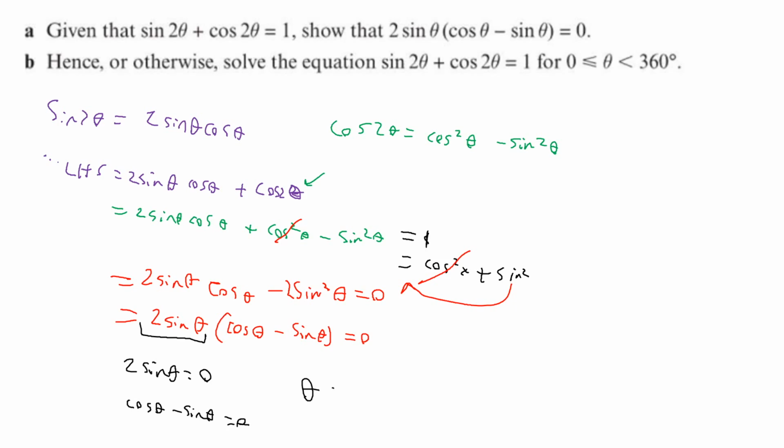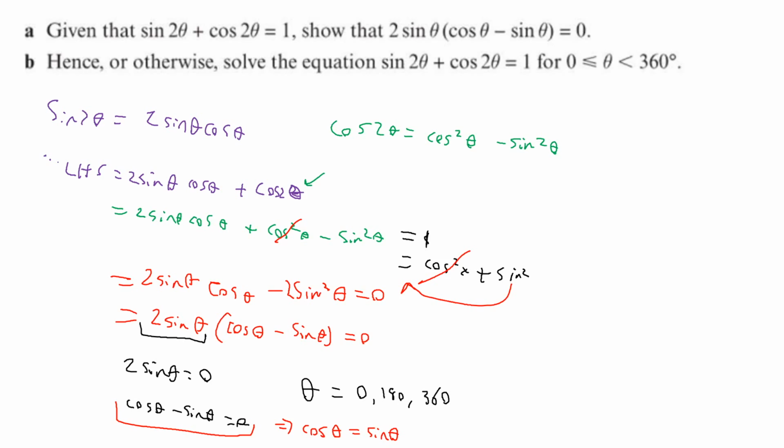So theta is equal to 0, 180, and 360. Okay? For this second solution, we can use this equation here to show that cos theta is equal to sine theta.